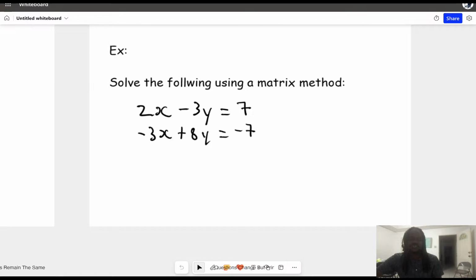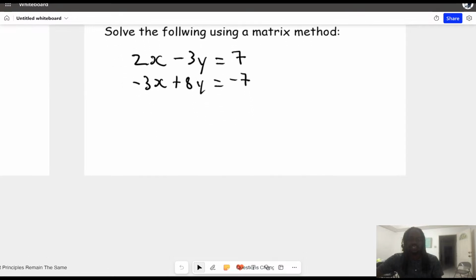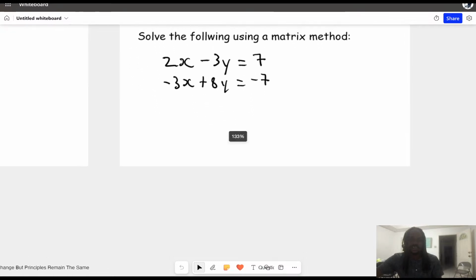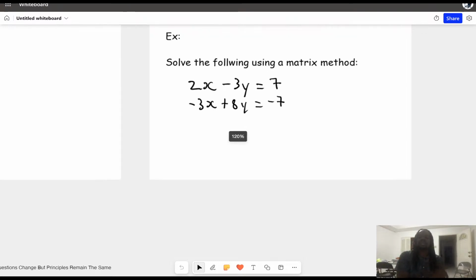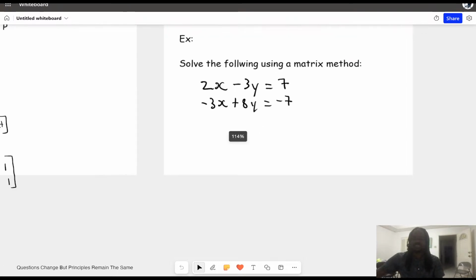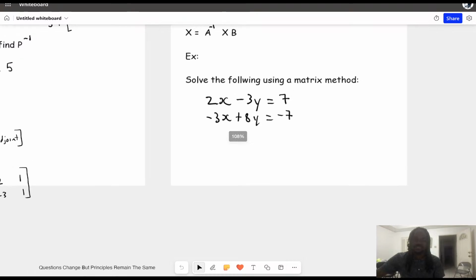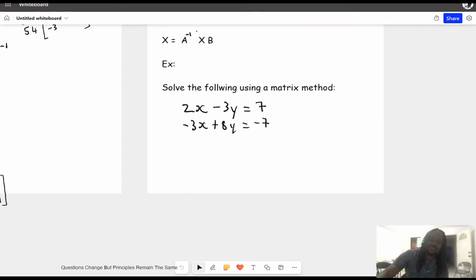It says solve the following using a matrix method. What do we do first? That's the first thing that you will always do: write the equations in matrix form.